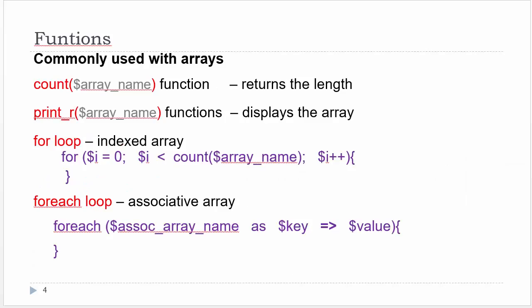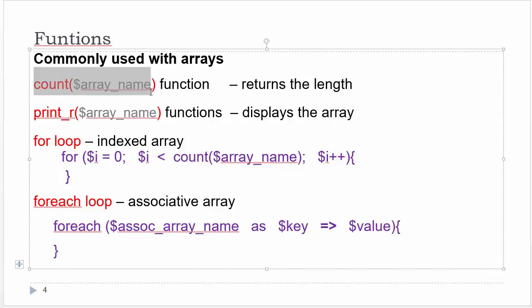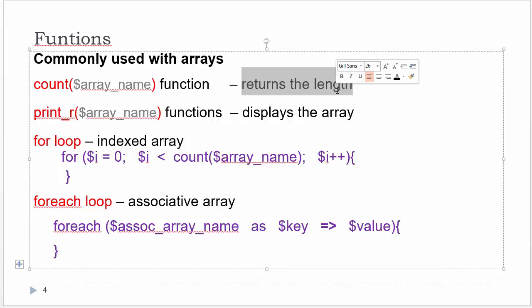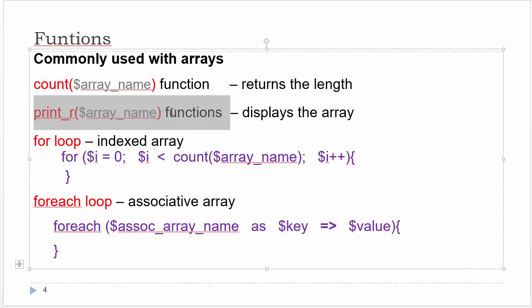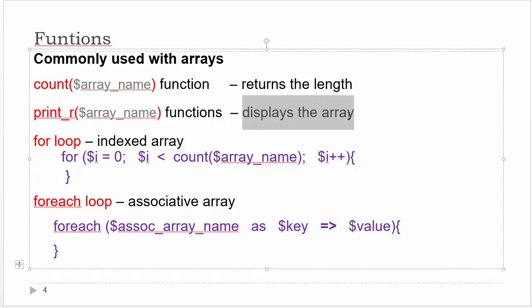Some commonly used functions. The count function, by passing it the name of the array, will return the length of that array. The print_r function, by passing it the name of the array, will enable us to display the array. This is a very useful function.